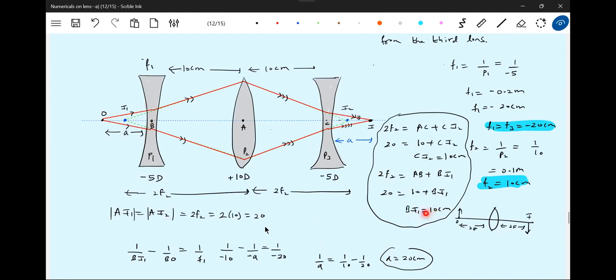BI1 is equal to 10 centimeter. Why the negative sign? Because all distances towards the right are positive. Then BO will be minus A. Focal length of this, F1 and F3, is minus 20. Solving for this, A will be 20 centimeter.